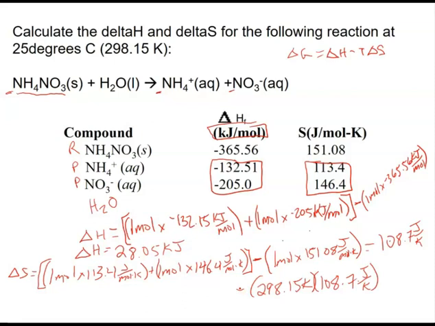And I'm going to take my delta H value and convert this from kilojoules to joules. And our final delta G then should equal negative 4,360. Since this is a negative value, we would expect this to be a spontaneous reaction.